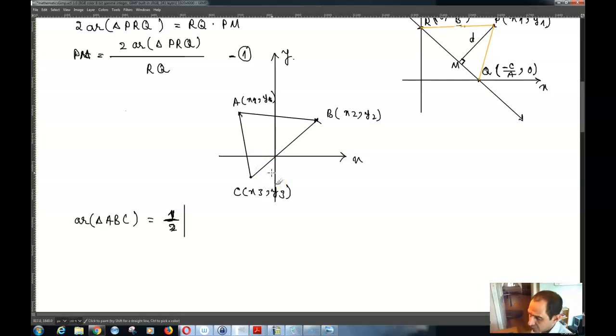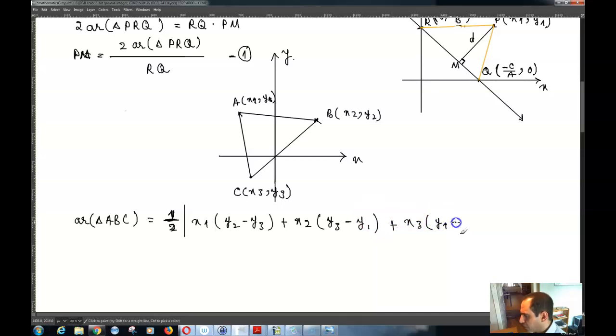Anyway, the formula to find the area of this triangle is 1/2 times the absolute value of x1 times (y2 minus y3) plus x2 times (y3 minus y1) plus x3 times (y1 minus y2).